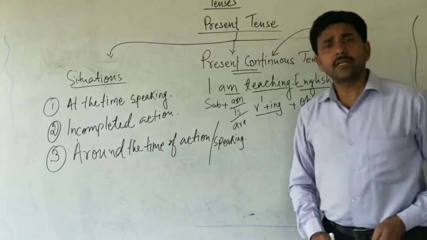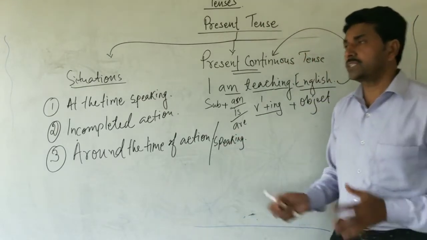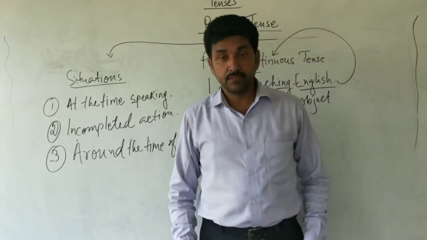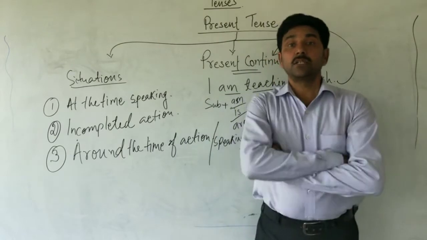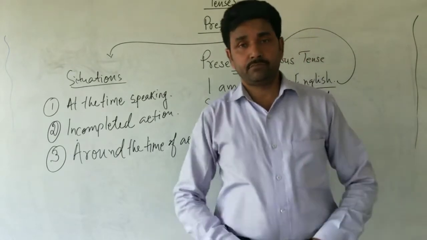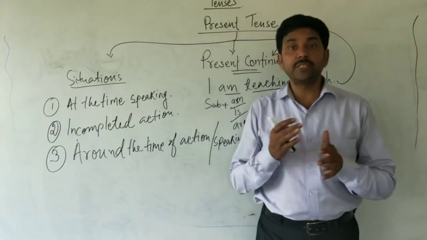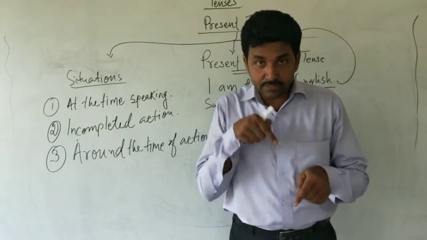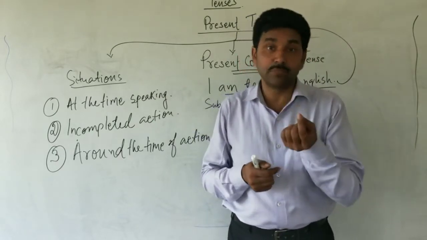See, sometimes it happens, for example, what are you doing these days? If somebody asks, what are you doing nowadays? It does not mean what are you doing at the moment. At the moment is right now, at the time of speaking.